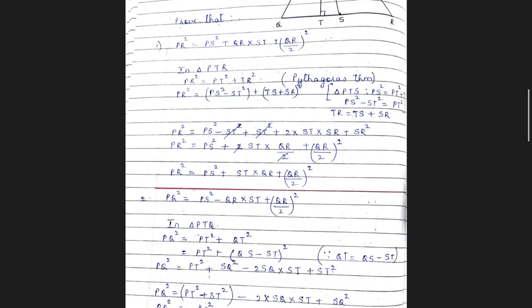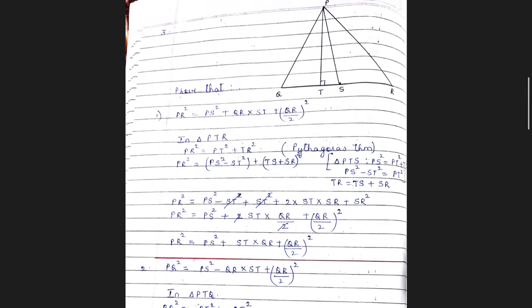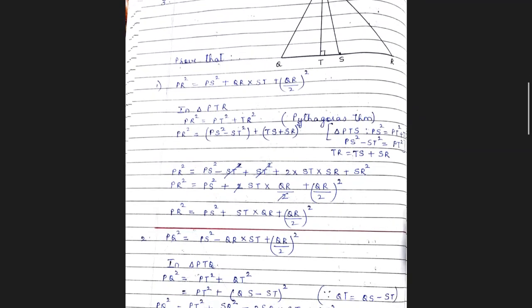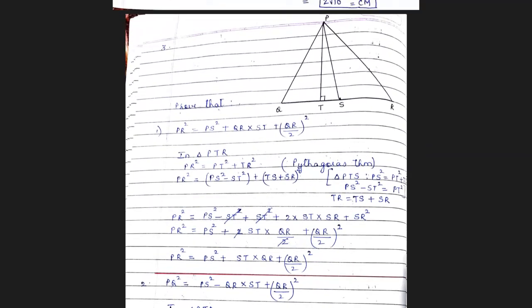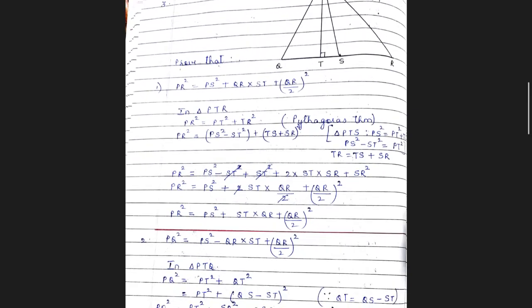Okay, we go to the second part of this question, which says PQ square equal to PS square minus QR into ST plus QR by 2 the whole square. Now in this case, what we have to do is consider triangle PTQ. Apply Pythagoras theorem. PQ square is equal to PT square plus QT square.